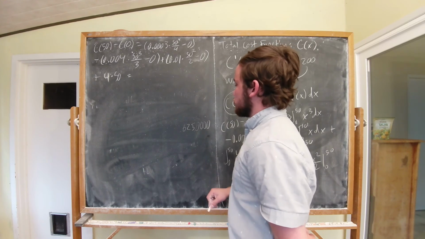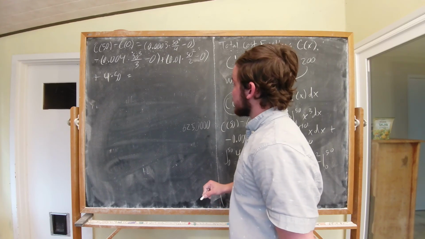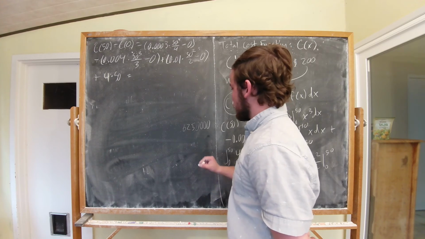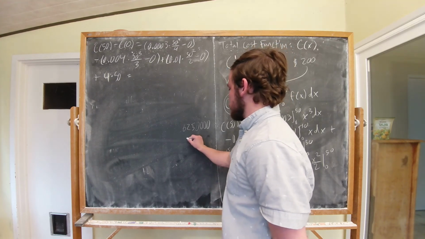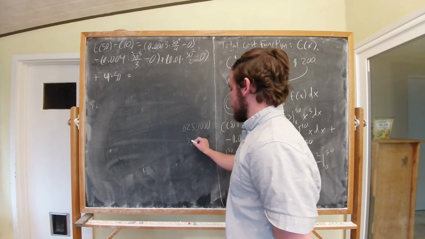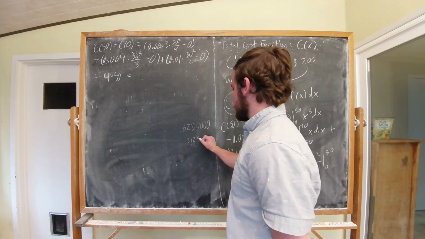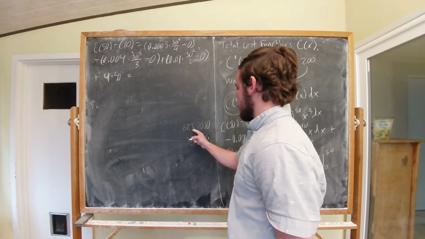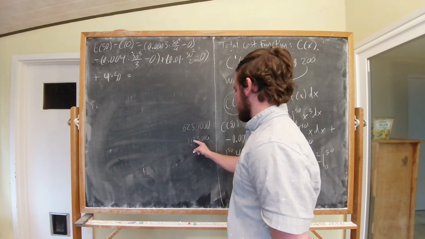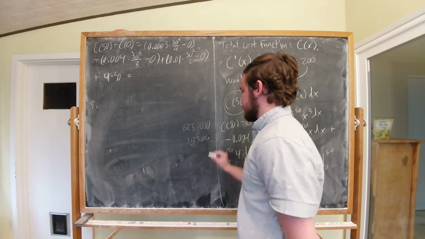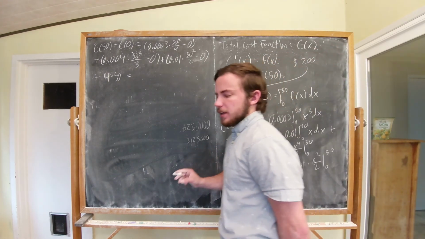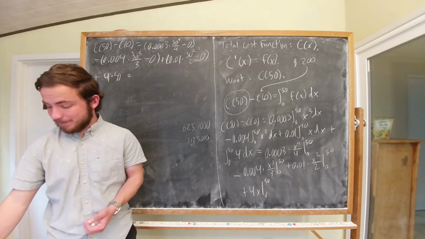So we have 625,000 divided by 4. Well, divided by 2 would be 312.5, right? Perfect. So that's divided by 2. And then, no, I'm just going to get out a calculator.